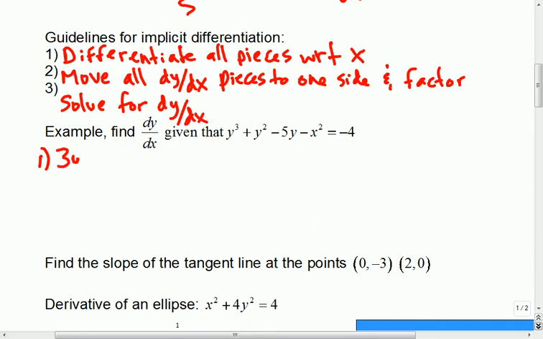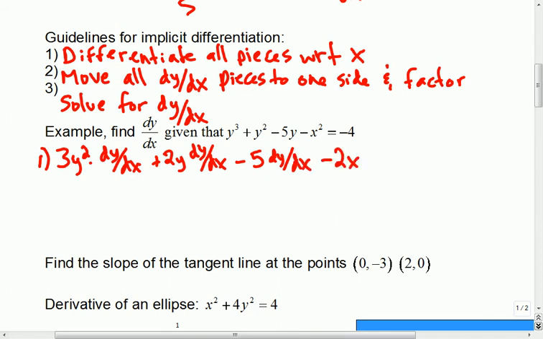So that'll be 3y squared dy dx plus 2y dy dx minus 5 dy dx. And that's just the regular derivative for x squared, so I know it's minus 2x. And the derivative of negative 4 is 0.